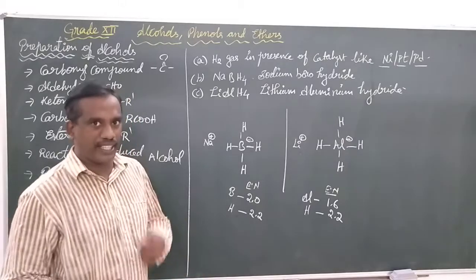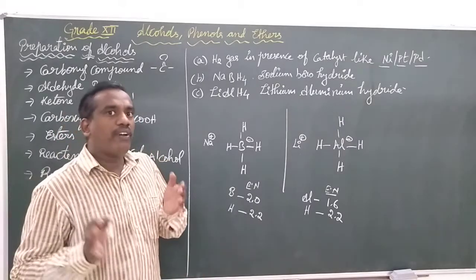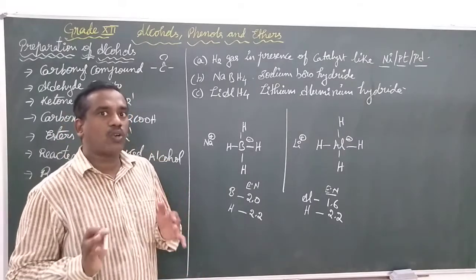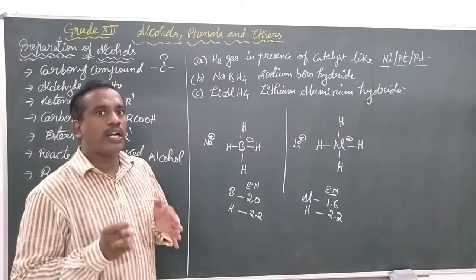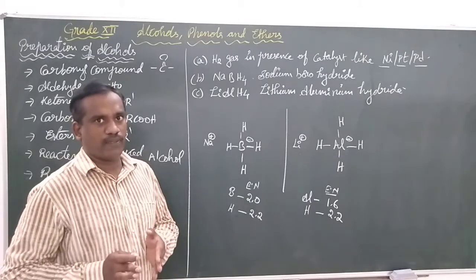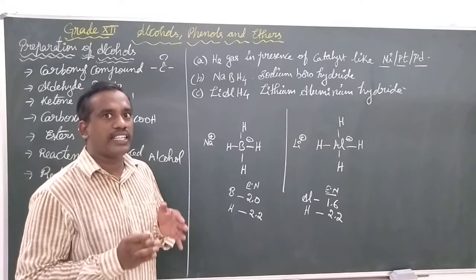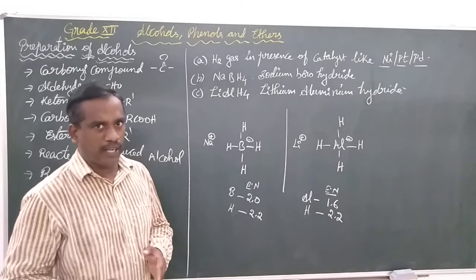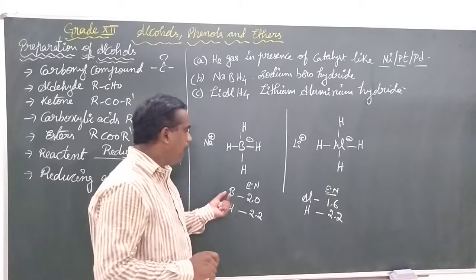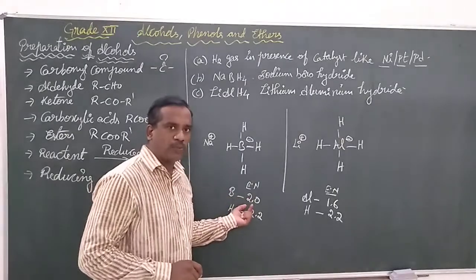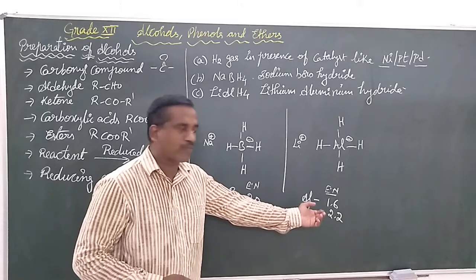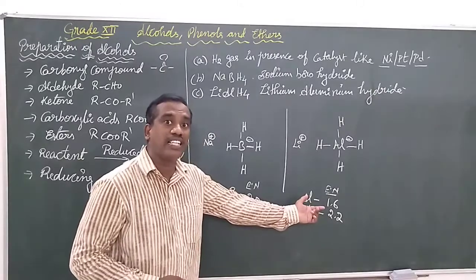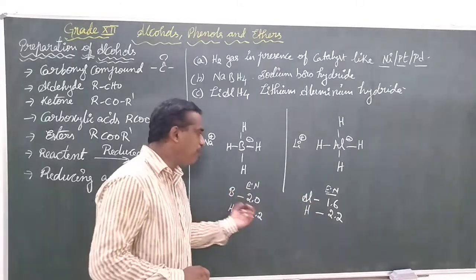The main point is, whatever we find the highly electronegative element, that will withdraw the bonded electrons towards it from the least electronegative element. So let us come here. Boron electronegativity is 2.0, whereas aluminum electronegativity is only 1.6. Means aluminum is the least electronegative than boron.